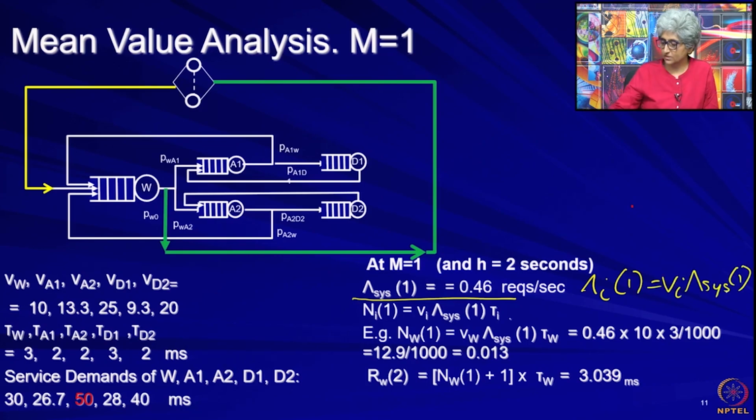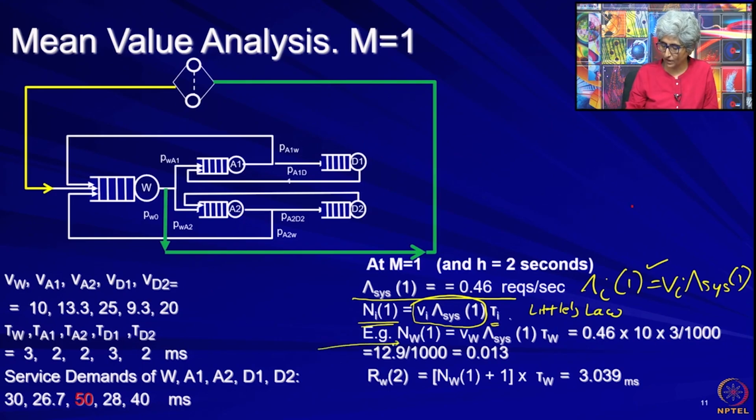You can calculate this for each of the nodes, and then the number of customers at each node is, by Little's law, the throughput at each node multiplied by the time at each node. At level 1 we know it is going to be tau_i. So we get the average number of customers at each node.